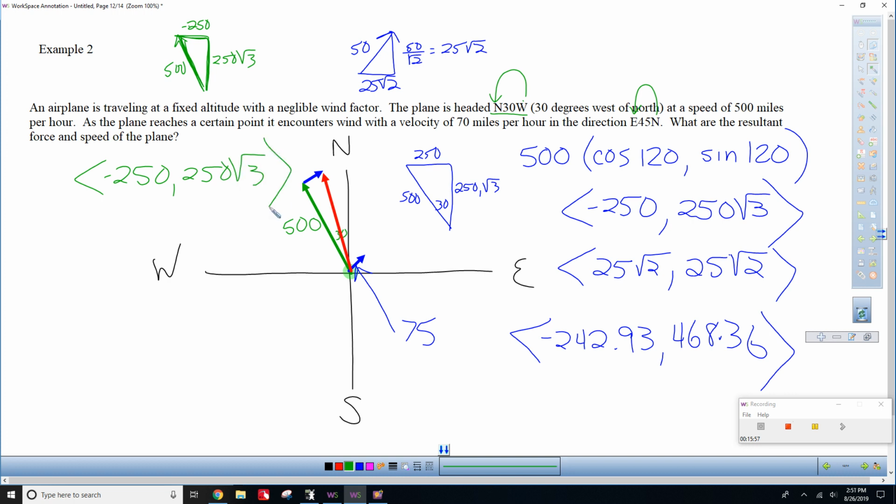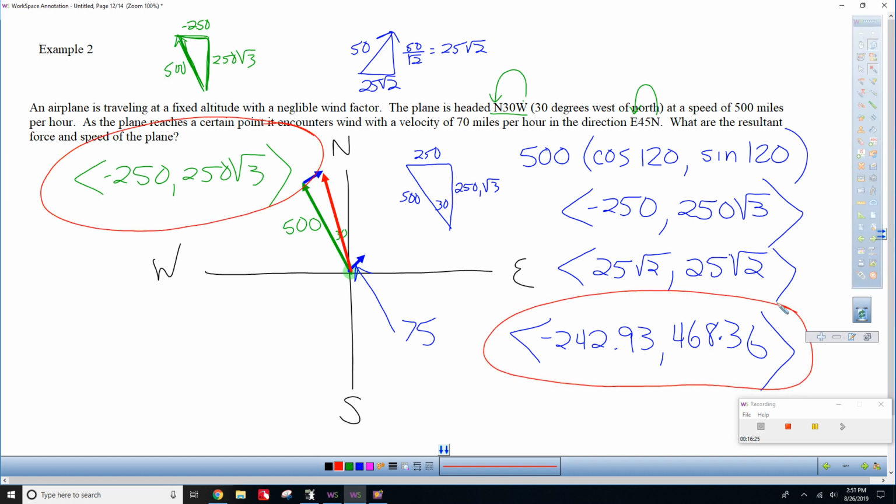Then the blue vector pushed it, so the end direction is negative 242, well, I don't need to rewrite it. Notice, if you compare this one, the original, to this one, the actual, it has been blown off course a little bit to the right, if that makes sense.